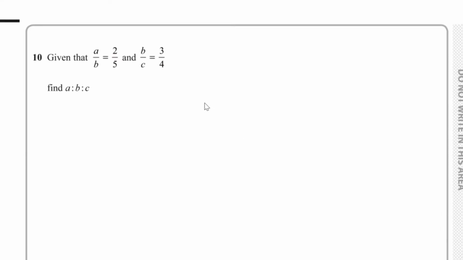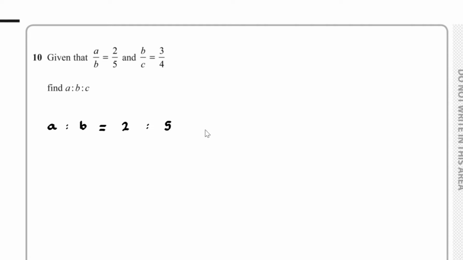Question number 10. We're given that A over B is equal to 2/5 and B over C is equal to 3/4. We have to find the ratio of A to B to C. Well, from here we can see that the ratio A to B is equal to 2 to 5.